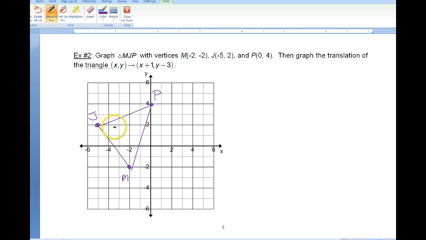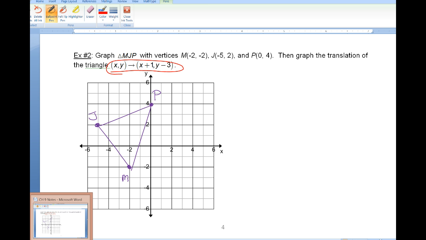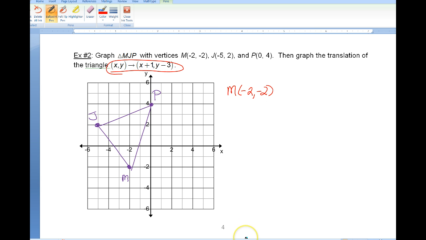All right. So next I want to look at the transformation, which is going to be adding 1 to x and subtracting 3 from y. So we have to go right and down. If you have M, I'm going to show you 2 different ways.